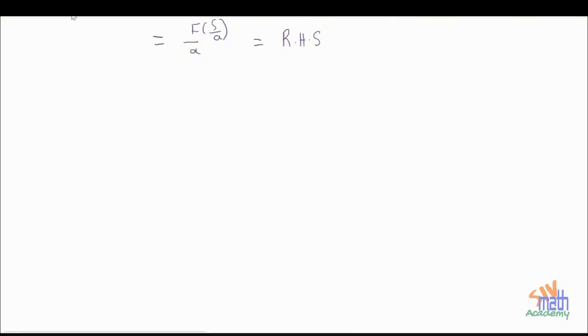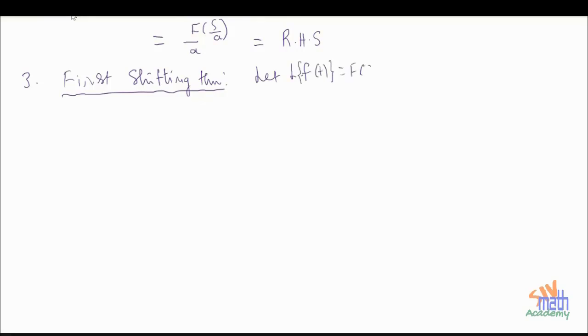Now I pass on to the first shifting theorem. Third property, first shifting theorem. Again we'll assume L of f of t is equal to f of s.